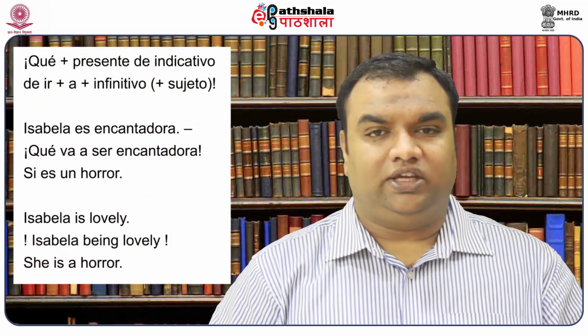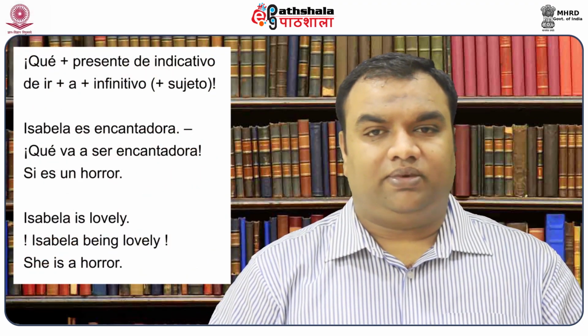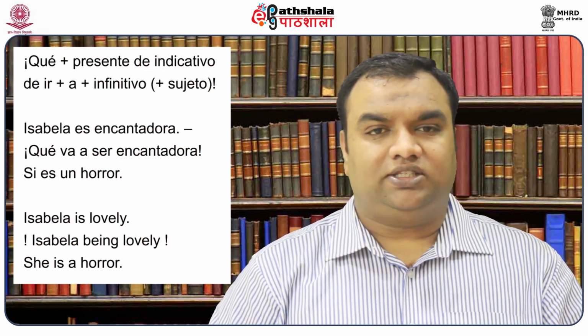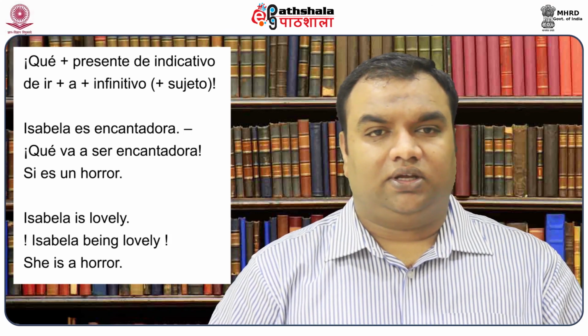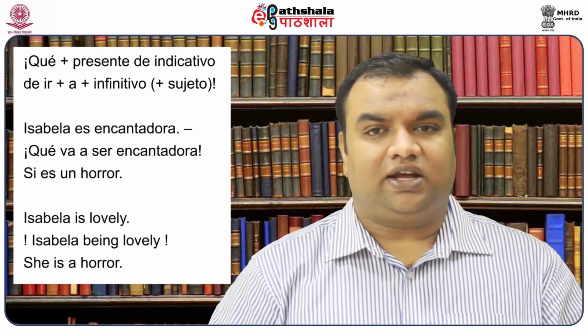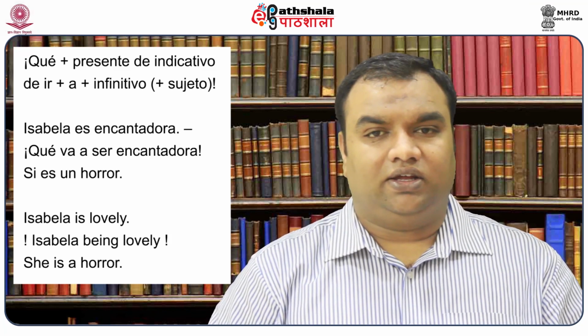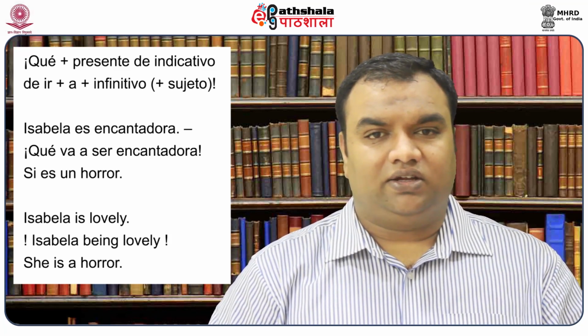Qué + present indicative of ir + a + infinitive + the subject. Let us see an example. Isabela es encantadora. ¿Qué va a ser encantadora si es un horror? Isabella is lovely. Isabella being lovely? She is a horror.